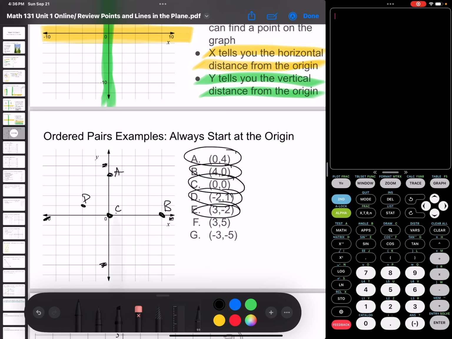So positive 3, we go 1, 2, 3. And now 1, 2, negative 2. That's our E value. And F, we go positive 3, 1, 2, 3, and positive 5, 1, 2, 3, 4, 5. And G, we go negative 3, negative 5. You can see my little dot there hovering and counting.